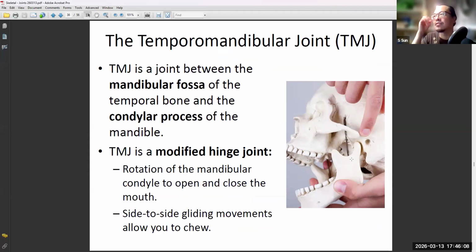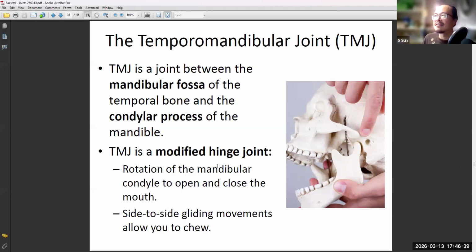So this is a hinge joint, and it's modified because it has the flexibility to allow you to move left and right, front and back. It has a little bit of freedom to allow you to glide left and right, front and back. So it's called a modified hinge joint. But basically it's a hinge joint.